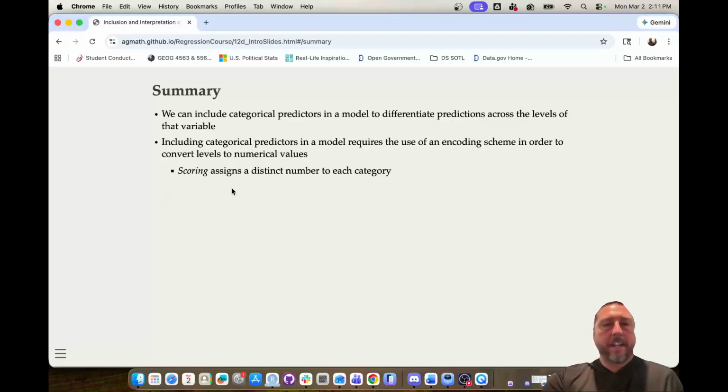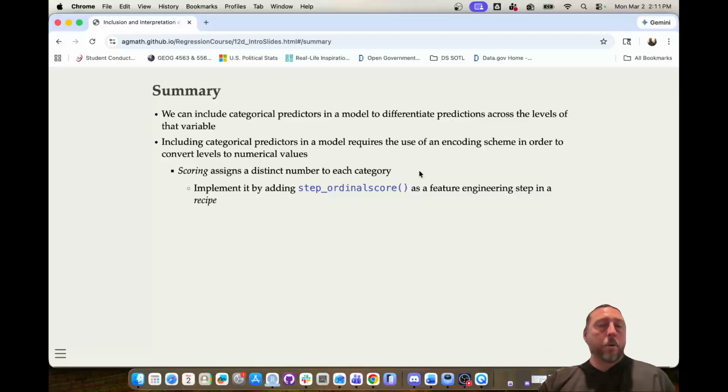I generally stay away from this method because it requires some real strong content knowledge, some real strong expertise in the domain that you're working within, because the scoring does two things. It imposes an ordering on your categories, and it imposes proportional differences in the effect from one category to the next, which is often not something we want to do.